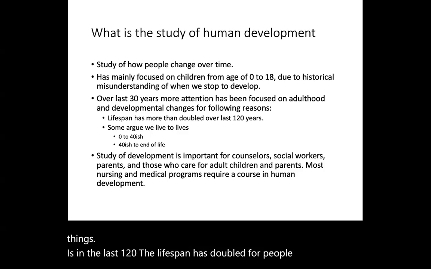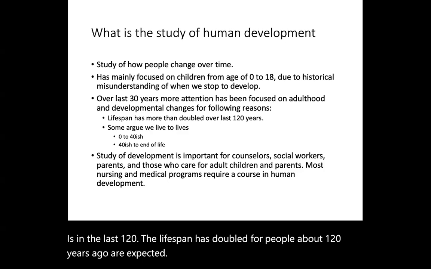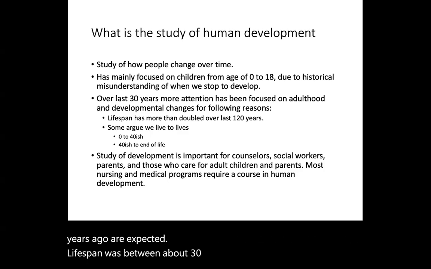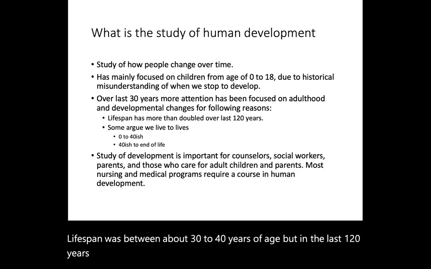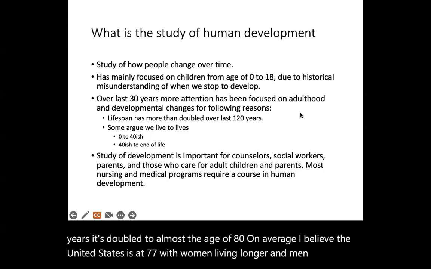About 120 years ago, our expected lifespan was between about 30 to 40 years of age. But in the last 120 years, it's doubled to almost the age of 80. On average, I believe the United States is at 77, with women living longer and men not as long.